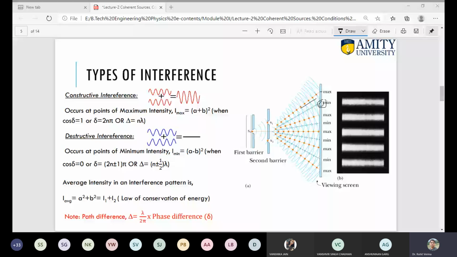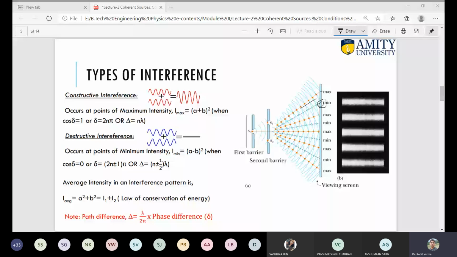So even for getting the condition of constructive interference, you have to equate 2 mu t cos r to an even multiple of lambda by 2, that is, 2n times lambda by 2. So when you write 2n times lambda by 2 on the right hand side, the 2 in the numerator and the 2 in the denominator cancel out, and you are left with the equation 2 mu t cos r is equal to n lambda.